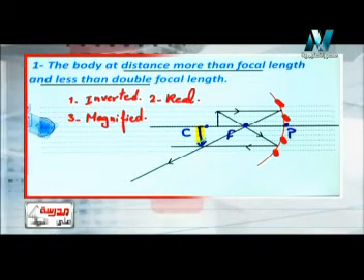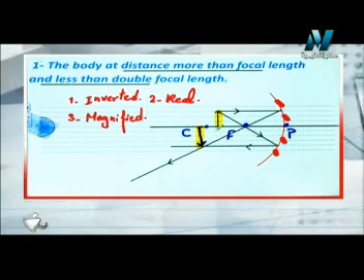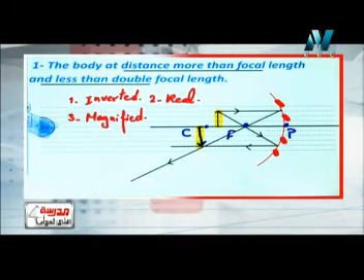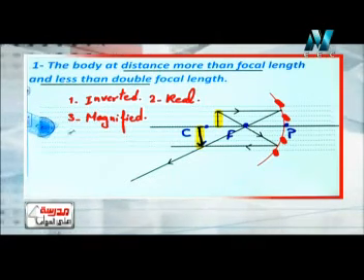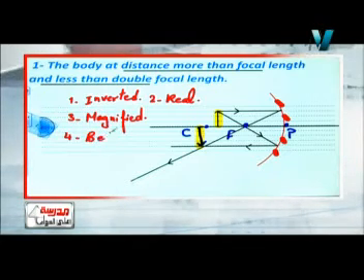Here if we measure the length of the image and the length of the object, we can recognize the length of the image is more than the object. Number 4, between what and what?